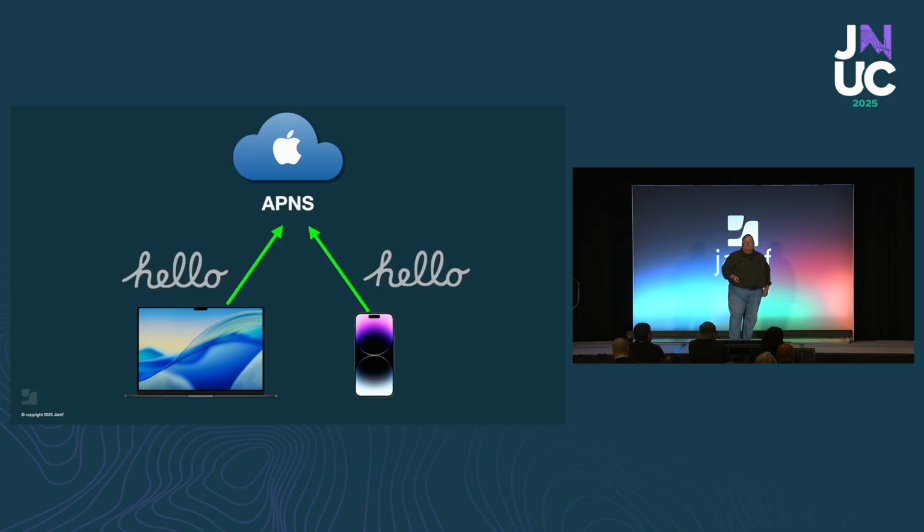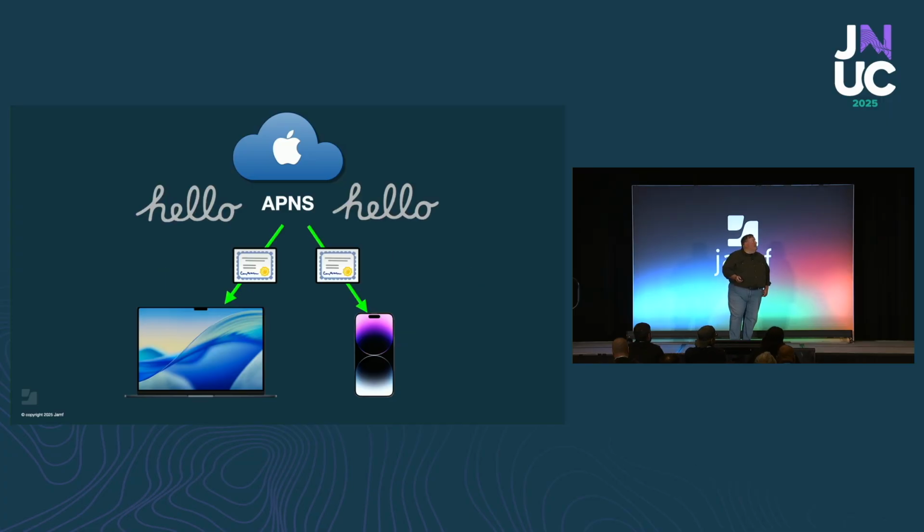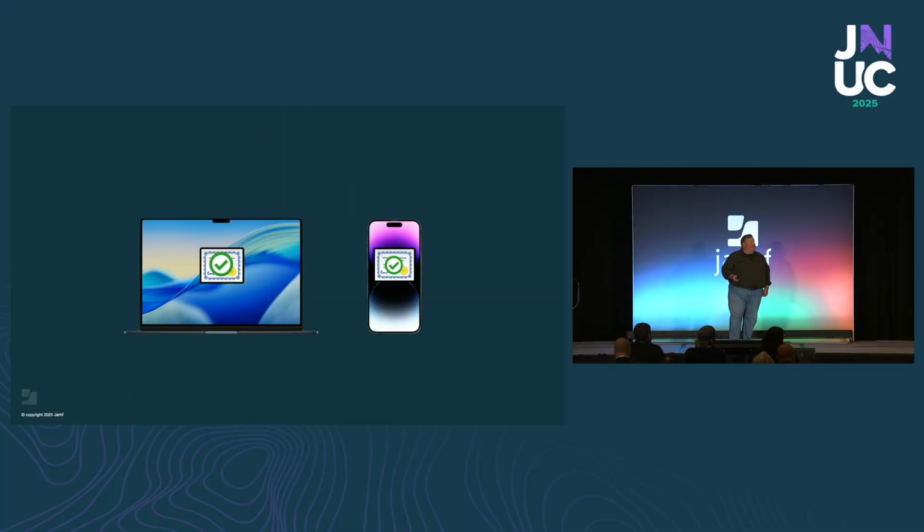Now that the Apple device knows how and where to start talking to APNs, it opens a connection and says hello. APNs says hello back, and it provides a certificate. The device checks the certificate and verifies that it's valid, telling the device that APNs can be trusted to communicate with.